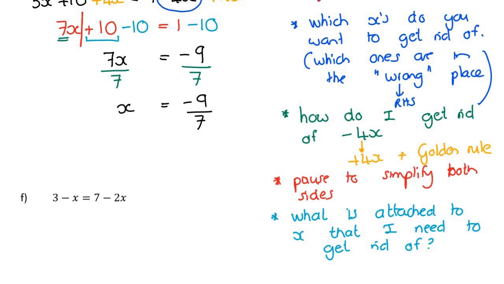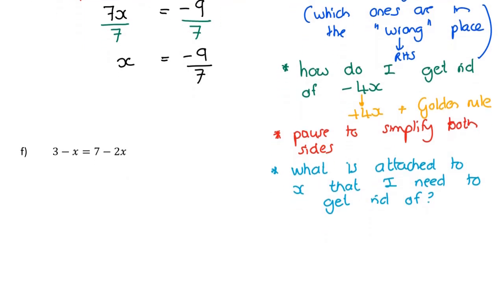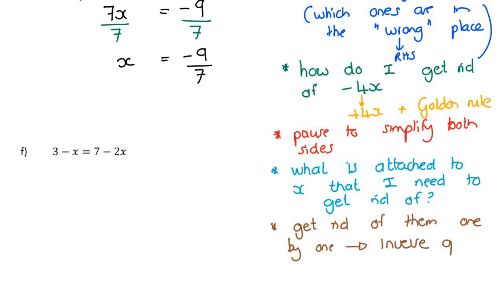So what notes have I missed out on? I said what is attached to x that I need to get rid of, and I just need to add in the line here that says get rid of them one by one. And how do I do that? I do that by a process of inverse operations and the golden rule.